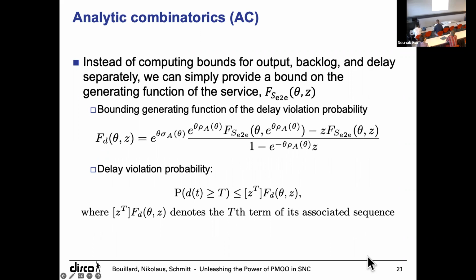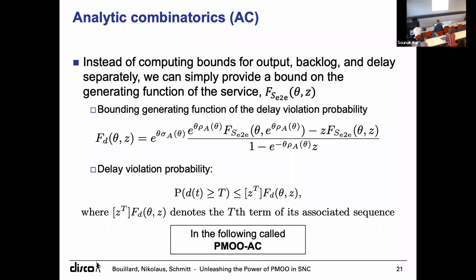And the delay violation probability itself is just taking the nth term of this associated sequence. So it further adds modularity to the analysis. Therefore, in the following we call it PMO-AC, because it is the pay multiplexing only once analysis that employs analytic combinatorics.